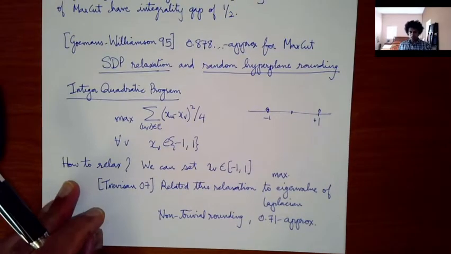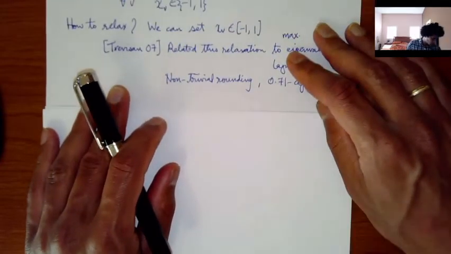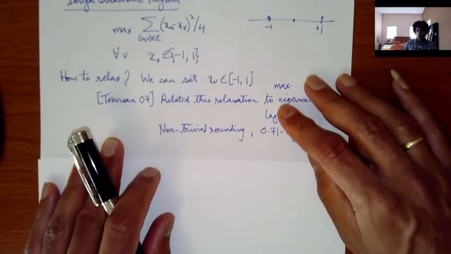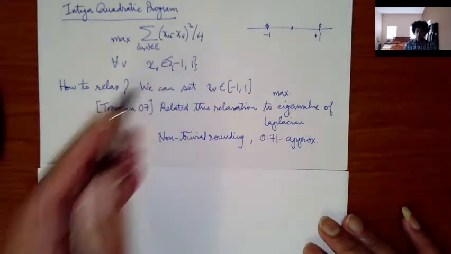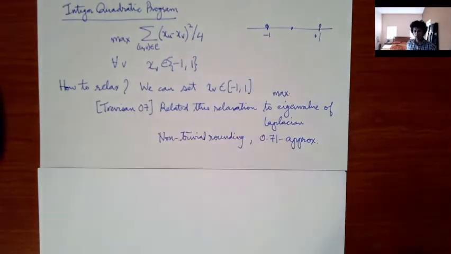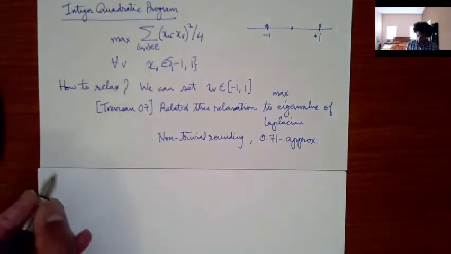But the idea that Goemans and Williamson had was a rather extremely novel idea. What they said was, what if instead of thinking of xv's as scalars, we actually thought of xv's as vectors?